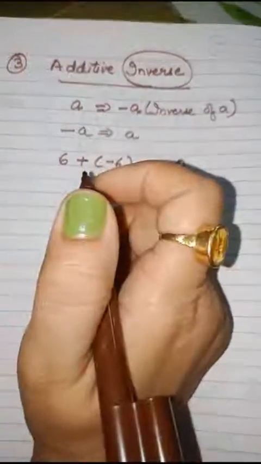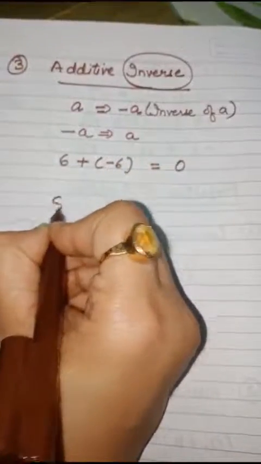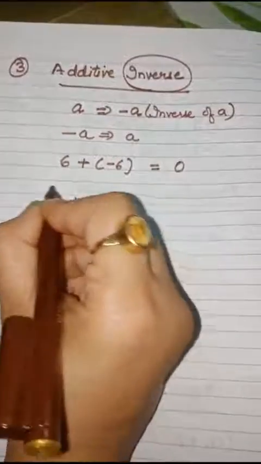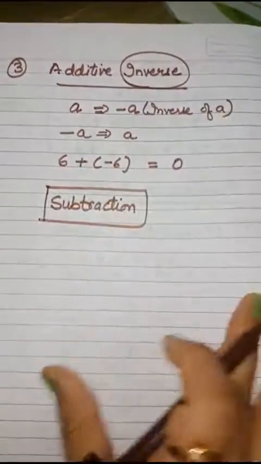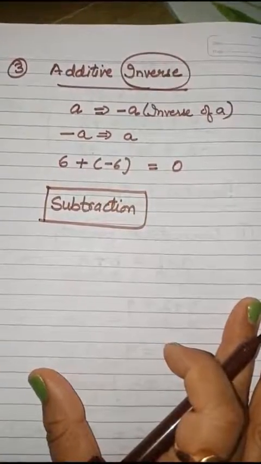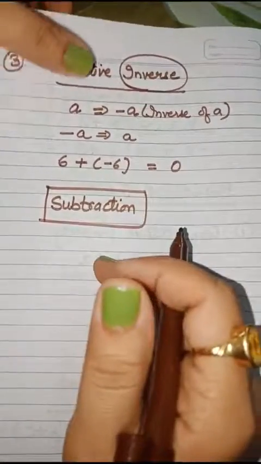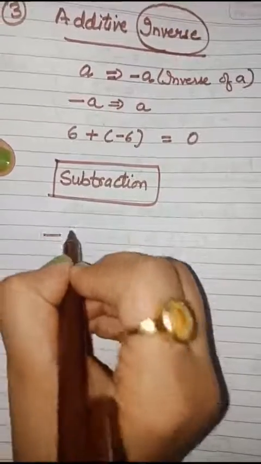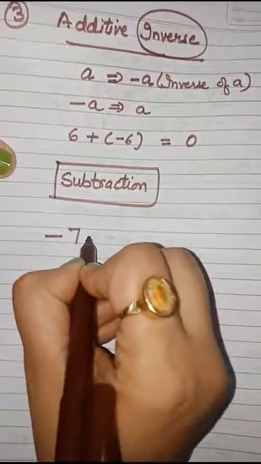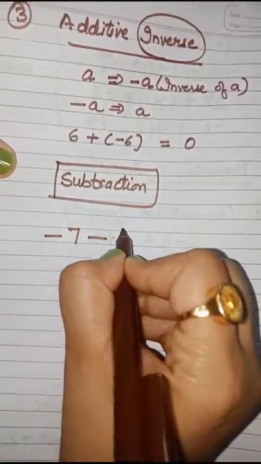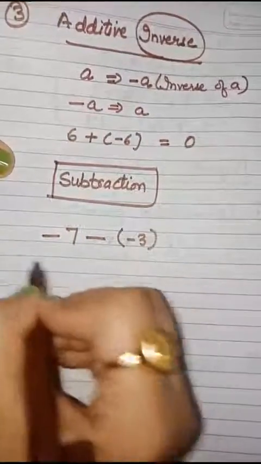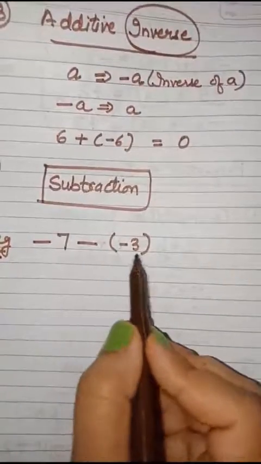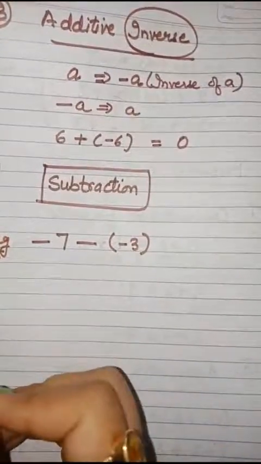Now we would be learning more about subtraction. How to perform subtraction on integers. In case of subtraction, if it is given minus 7 minus 3, for example, this is the question that we have to subtract 3 from minus 7.